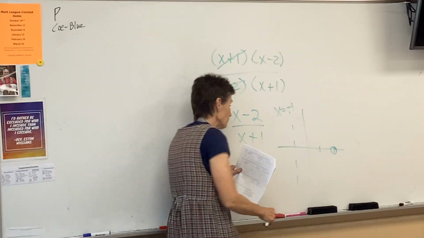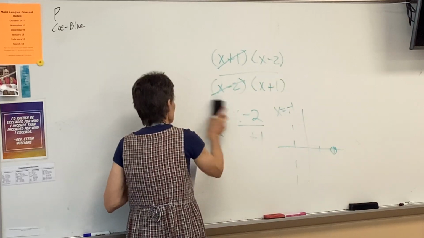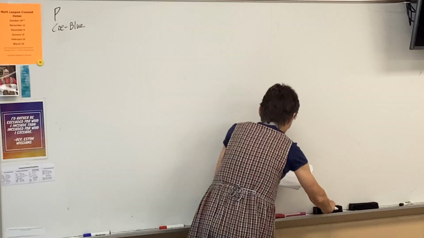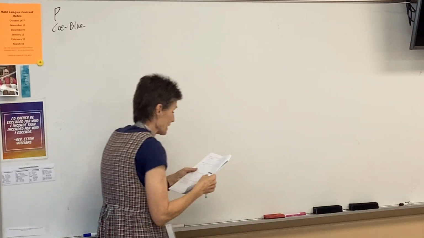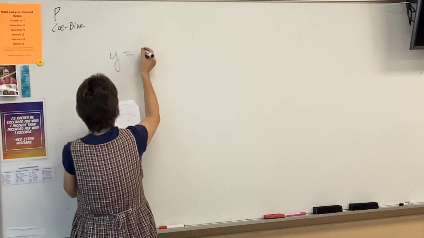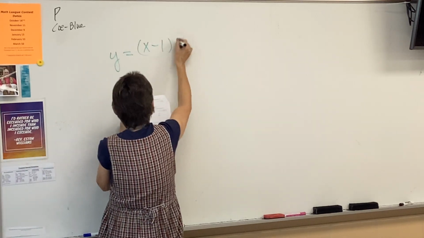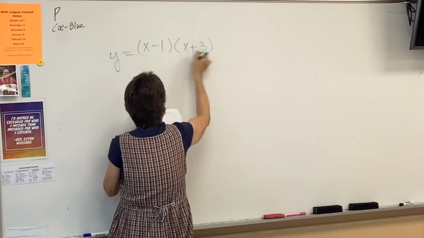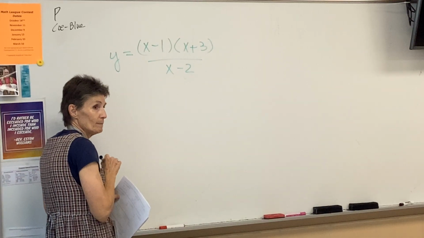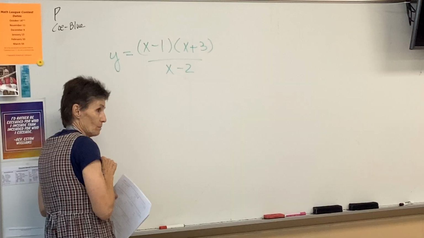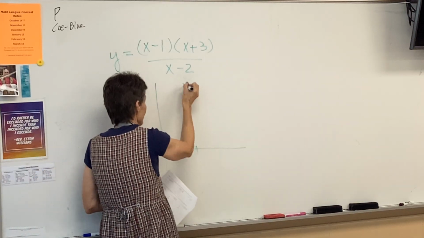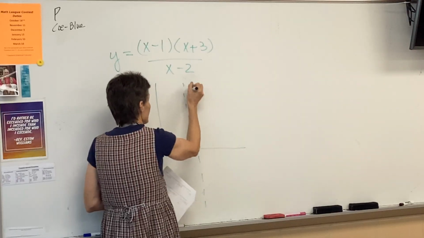All right, now example 2. You're going to get a little practice writing your left and right hand limits as x approaches 2. So let's look at the first one. It doesn't even cancel in that problem. So therefore, won't I have a vertical asymptote at 2?